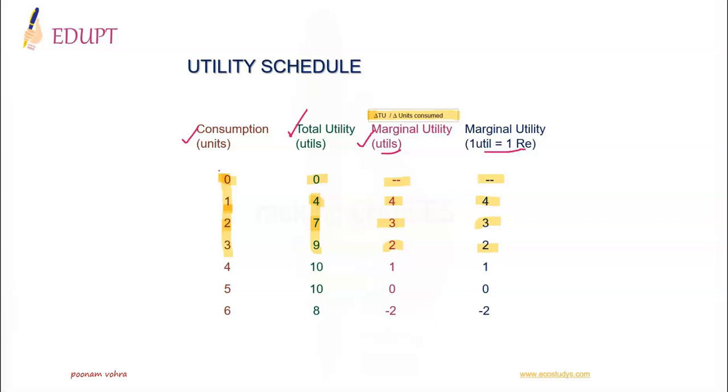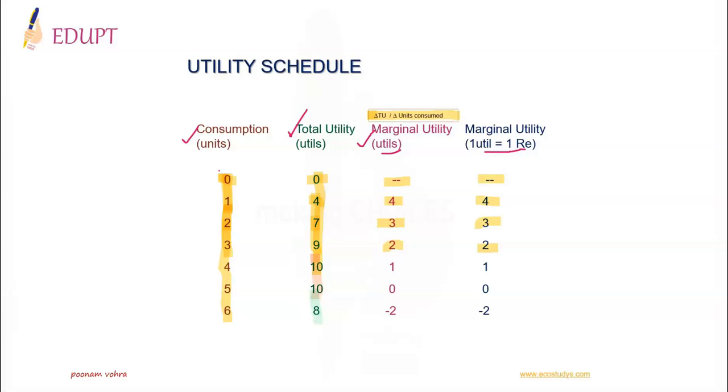What you need to observe is that as units consumed increases, total utility also increases till 4 units. It remains constant when the 5th unit is consumed, and after that it declines.